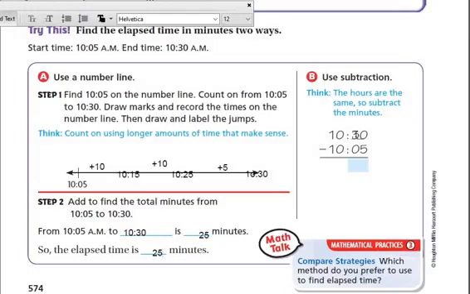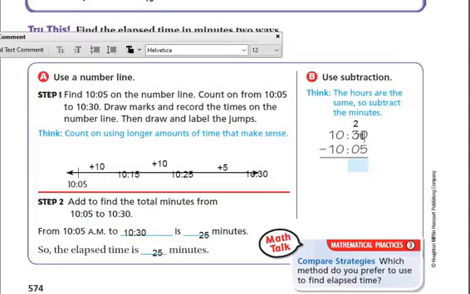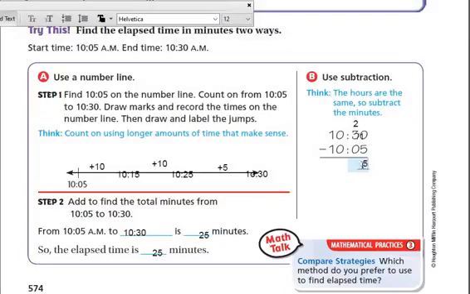No. So we will cancel 3 and borrow. More on top or more on the floor? More on the floor. Go next door. Get 1 more. 3 will be 2, and 0 will be 10. So now we have 10 minus 5 equals, yes, 5.